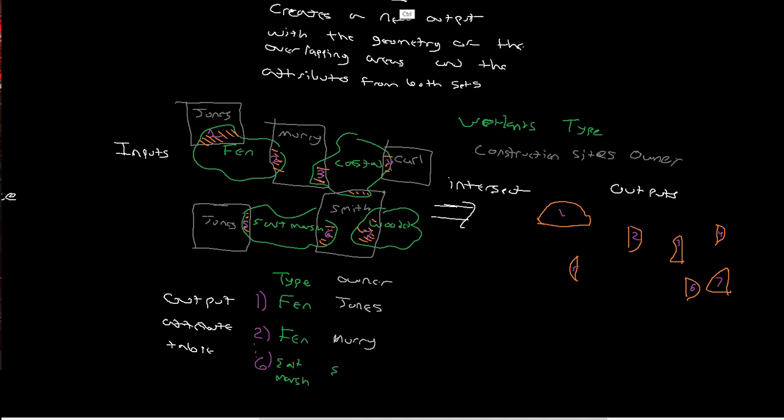Let's do one more, let's do 7. 7 is going to have a type of wooded, again coming from the wetland piece of the overlap.